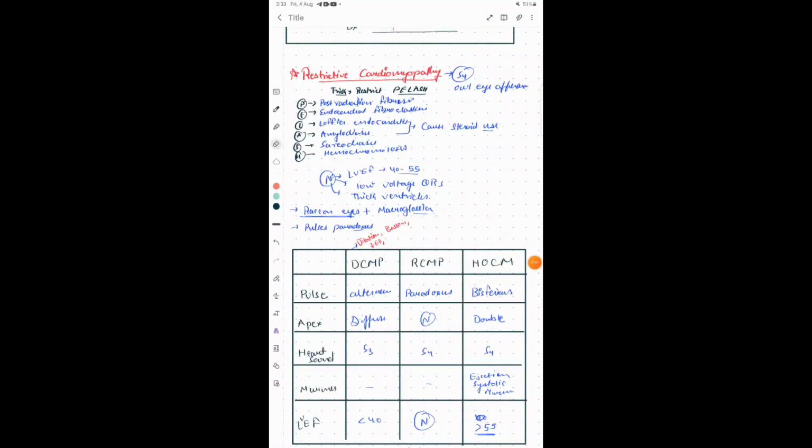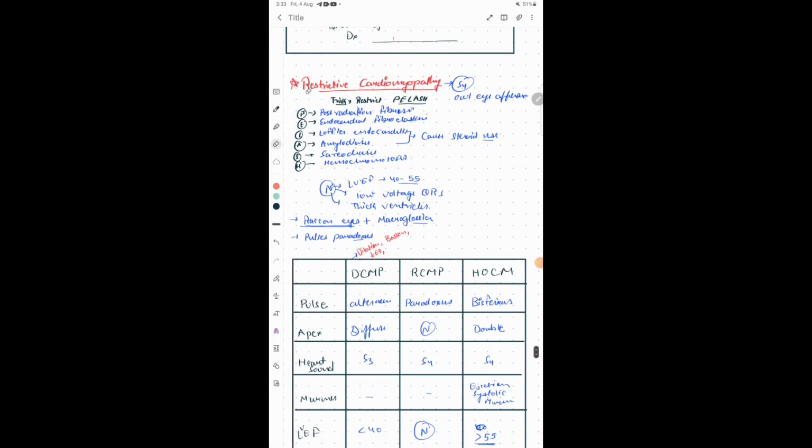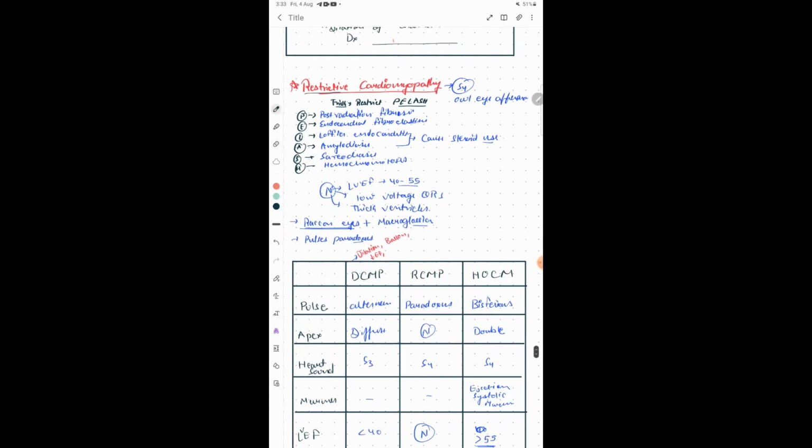Now talking about restrictive cardiomyopathy. We have a mnemonic: restrict the PELASH. P is post-radiation fibrosis, E stands for endocardial fibroelastosis, L for Loeffler endocarditis, A for amyloidosis, which is most commonly asked, and H for sarcoidosis and hemochromatosis.